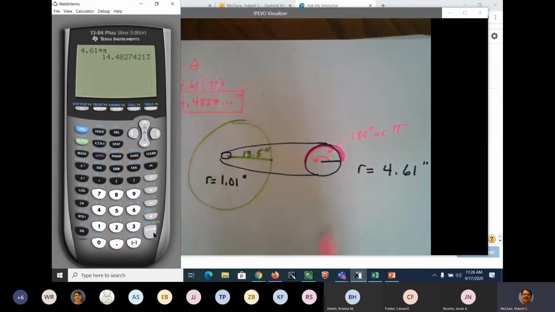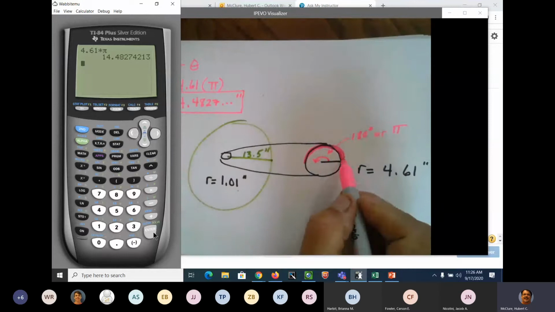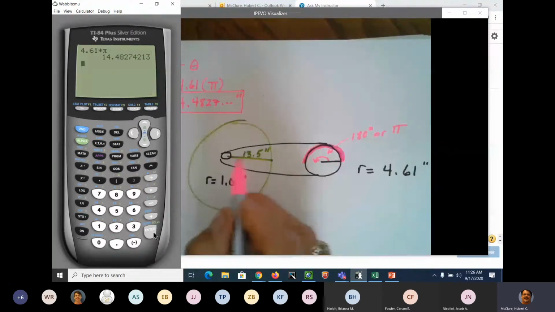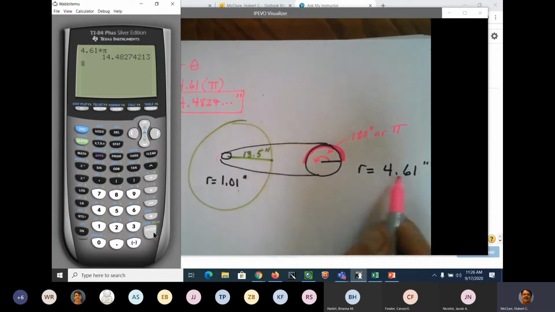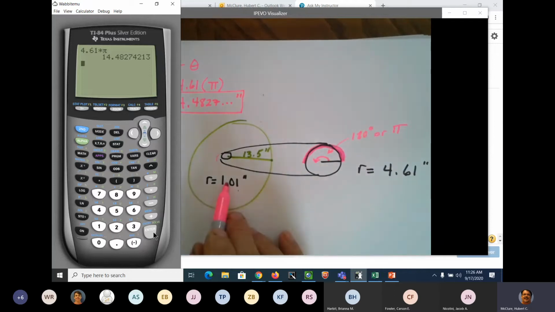So if this pulley moves 14 inches, then this pulley has to move 14 inches, and it may go 2 or 3 around because it's so small. Okay, now let's talk about this. This is 4 times as big as this, so it might have to go around 4 times.